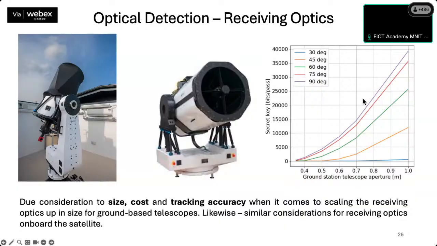Okay, so to recap on the previous hour of the lecture, we have talked about the general overview of satellite quantum communications and how it places within the quantum network. We've talked about the atmospheric effect, namely turbulence and beam wandering, and the transmittance of the atmosphere.